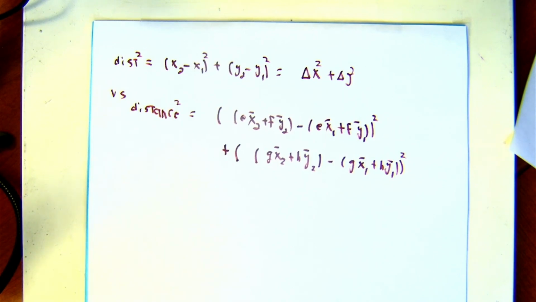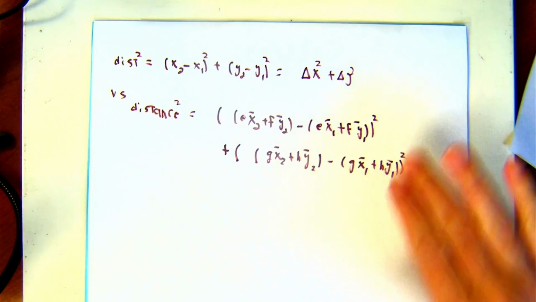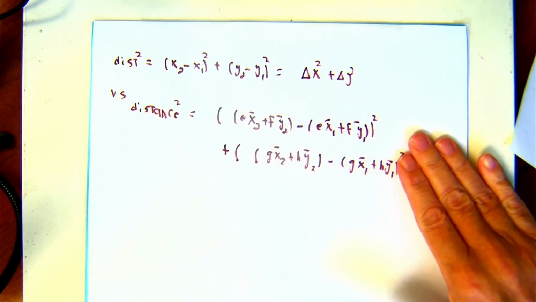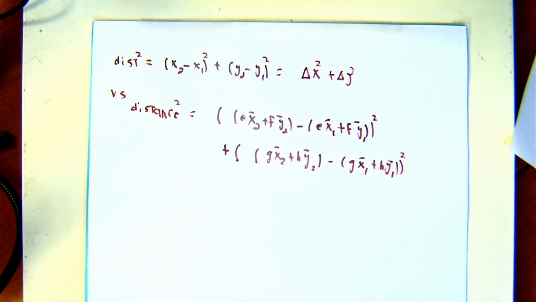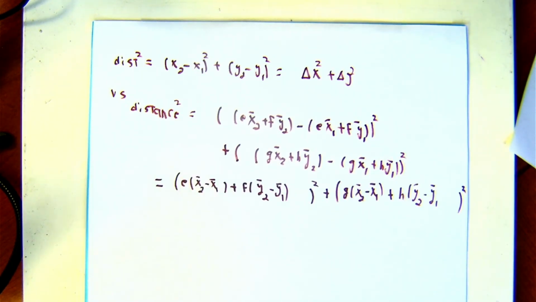Because the coordinates that we're calling the barred ones are so weird, the formula for the distance squared is much more complicated looking, but it's not as bad as it looks. I can group like terms together and find out that the distance squared is this expression, which is still pretty ugly, but we'll simplify this in the same way we did the other one.